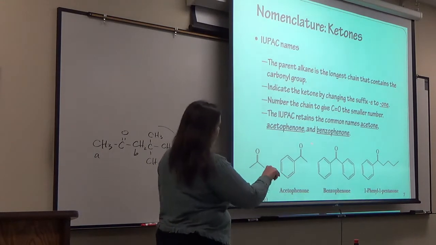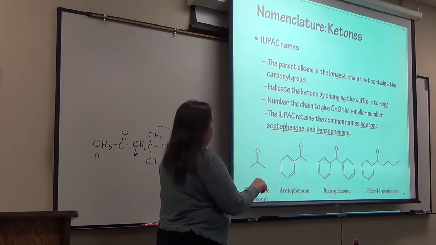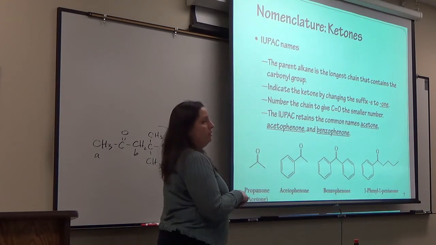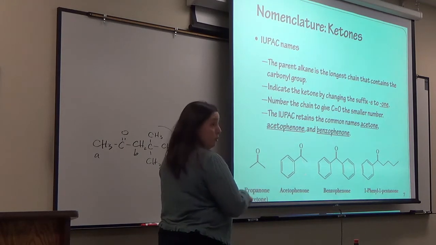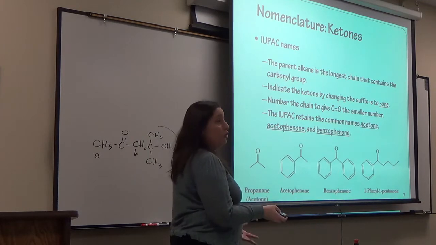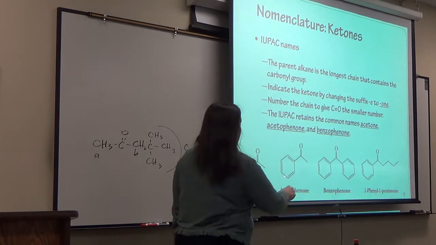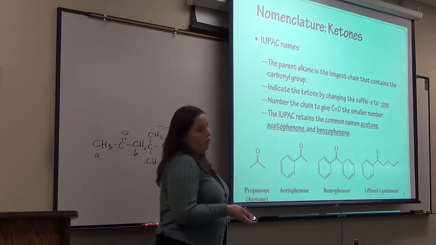So if this wasn't a common name, what would we call it? 1, 2, and then this is coming off of that carbon 1. This would be 1-phenyl-1-ethanone. Does that make sense? So if you were doing IUPAC, you could do it, but acetophenone is acceptable by IUPAC, so you're welcome to remember that.